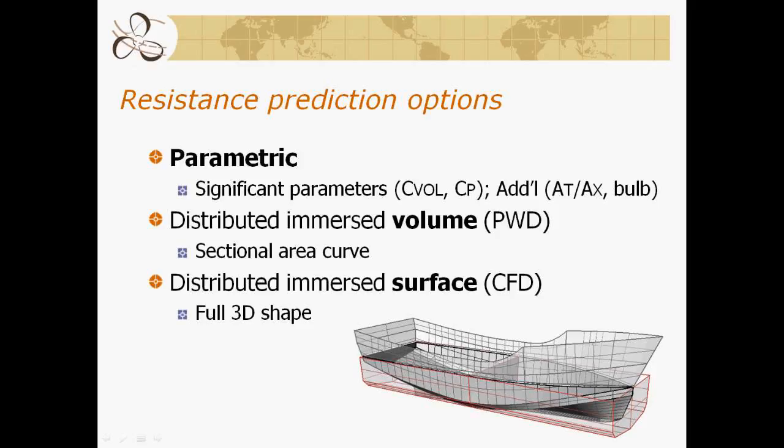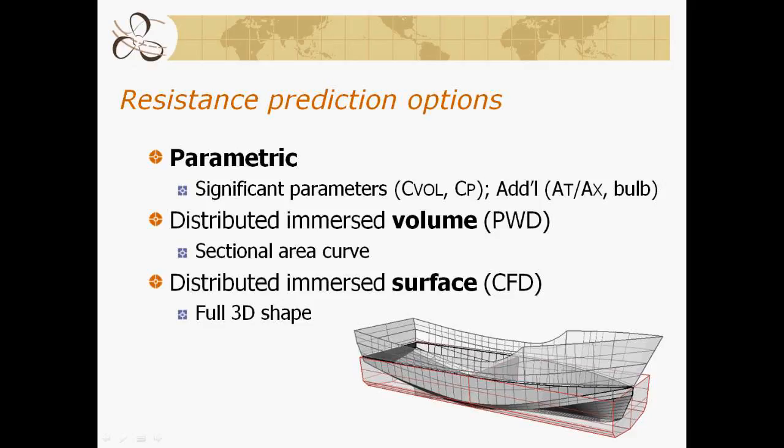Now, to put everything into context, let's briefly review resistance prediction options. And for the purposes of this study and presentation today, we're going to focus on resistance. There are three different orders of calculation that I have here and am describing for you.